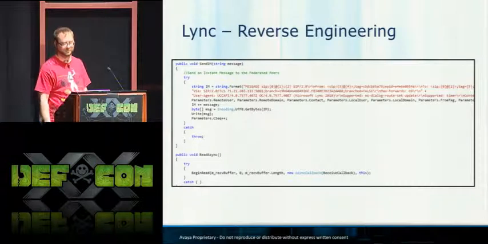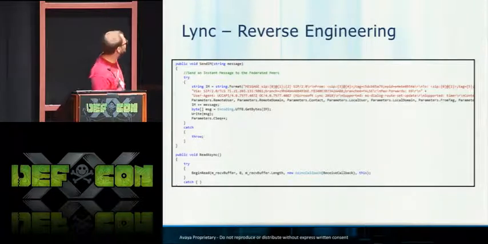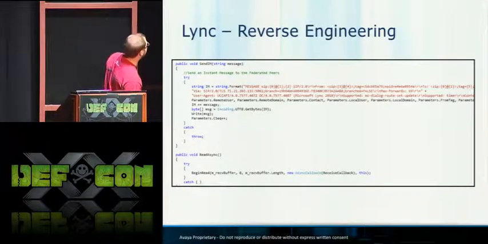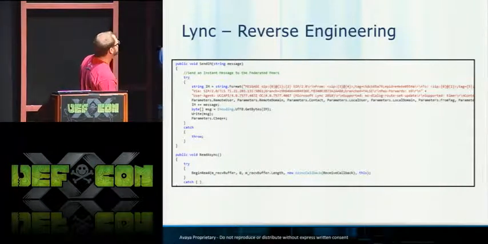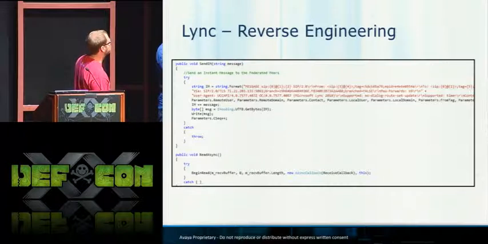And here's, not sure what this code is. This is actually how you send a message. It's a standard SIP message, except you have to do TLS negotiation, and then you have to use NTLM if you want to be an authenticated user.